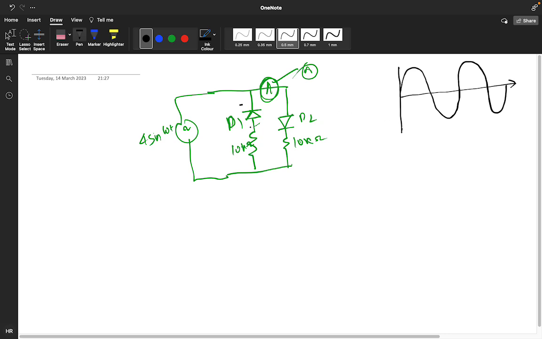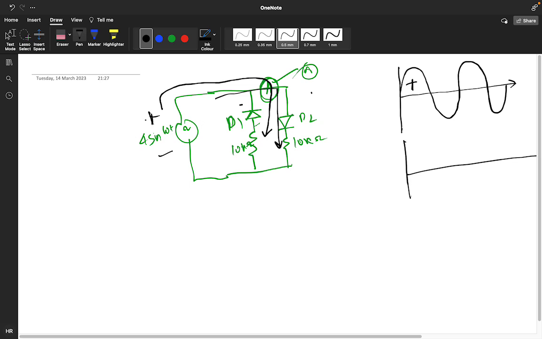See, if it is positive, the current will come in this way. When the positive terminal is connected to the anode of the diode, then current flow will be there. That's what I'm telling.